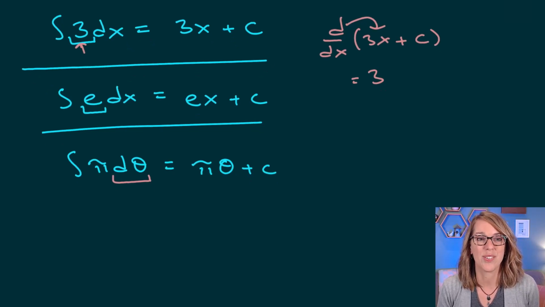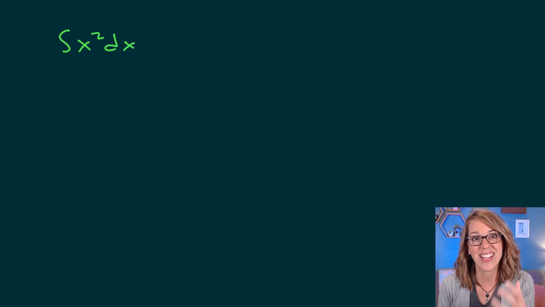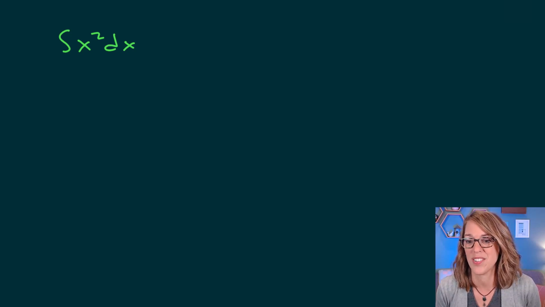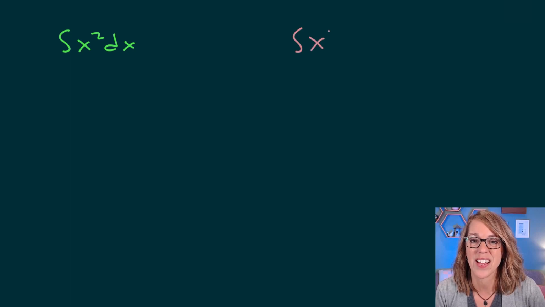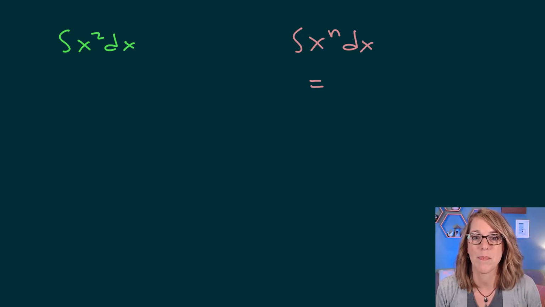Let's move into some polynomials. For example, let's say that we have got the integral of x squared dx. I'm looking for the antiderivative, so we need a power rule for integrals. That power rule for integrals looks like this. So the integral of x to some power n dx is equal to, I'm going to bump the power up by 1.